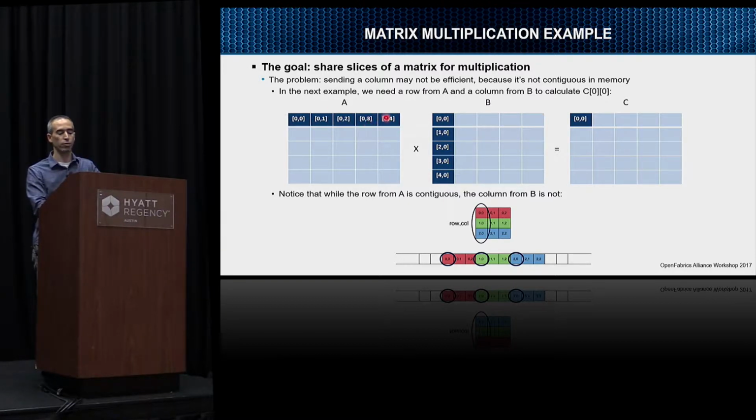Sending the line from matrix A is trivial, but sending the line from matrix B is more complex, because the typical memory layout for such a matrix would be that the first element here will be at offset 0, but the second element of that column would be at offset n, where n is basically a line in the matrix.